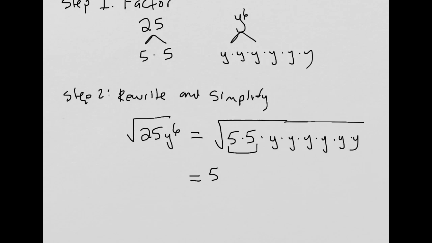Well, let's find out. So I've got 1 group of 2, 2 groups of 2, 3 groups of 2, which means I can pull out 3 factors of y. This time, I don't really have any leftover factors underneath my square root. I've used up all my factors when I pulled stuff out. So my final answer in this case is actually what I've written here. Since there's nothing left over under the square root, that's it.